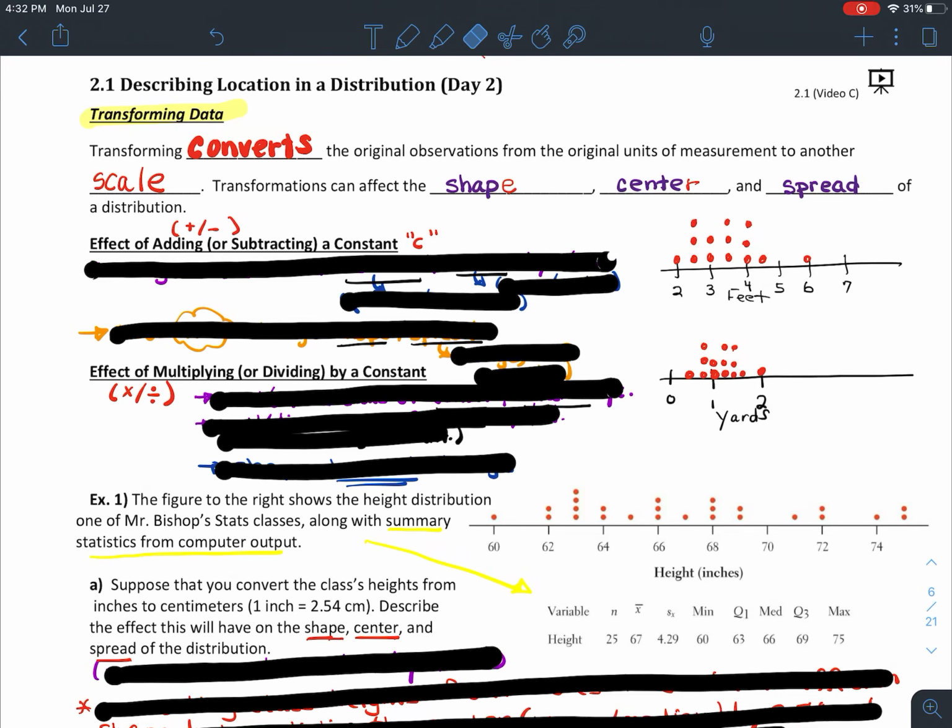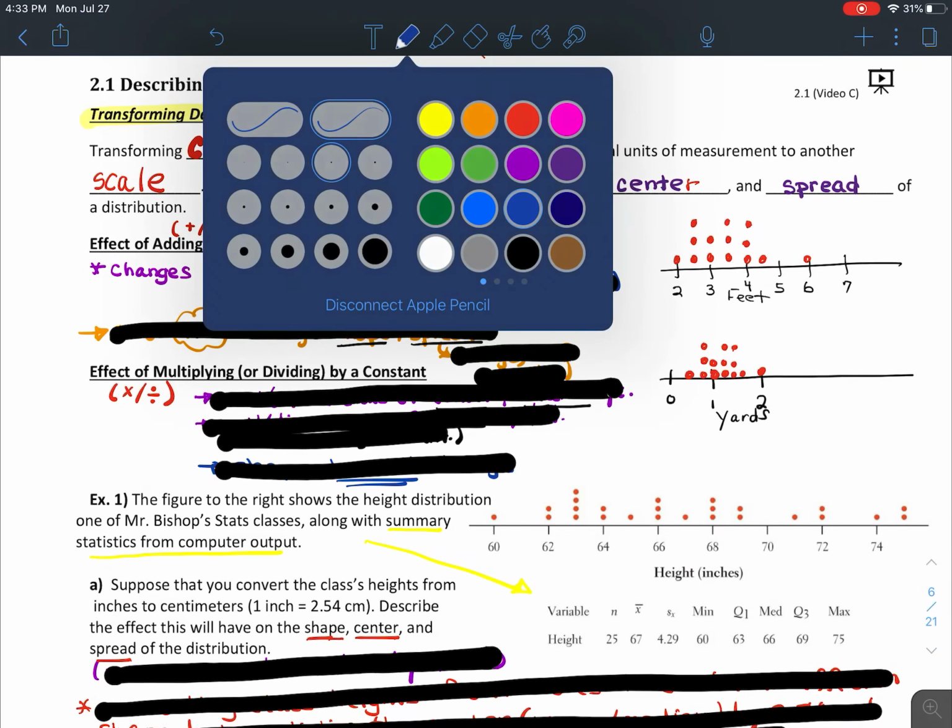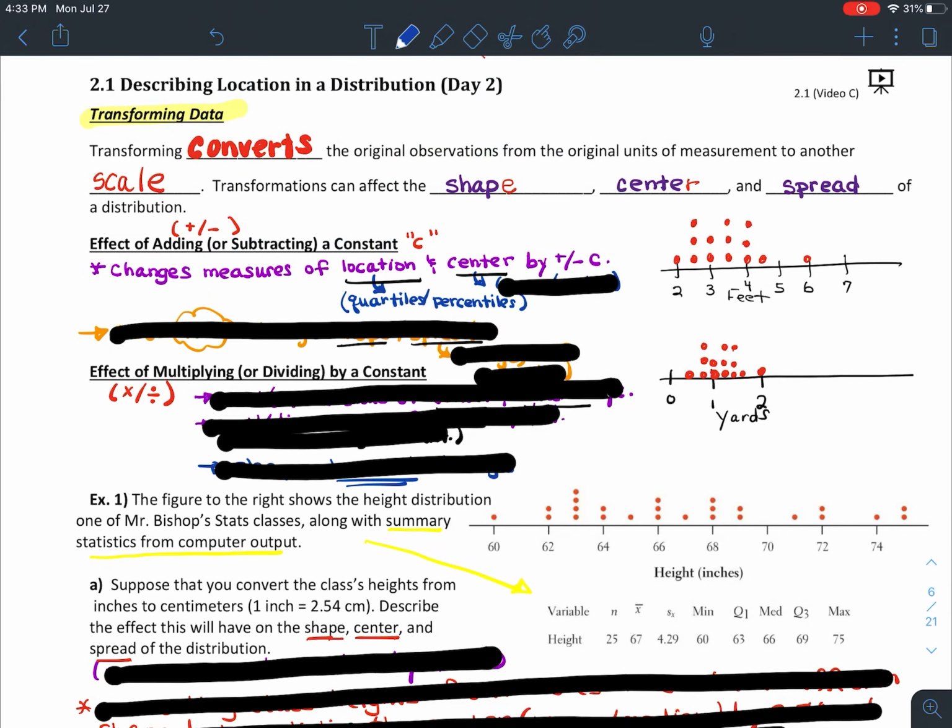Okay, what adding or subtracting a constant to your entire distribution affects is it will change any measures of location, and it will change any measures of center. Okay, now by that we mean measures of location would be quartiles or percentiles.